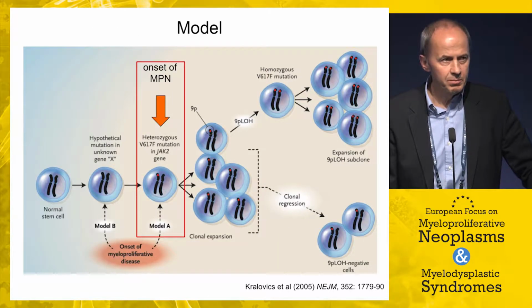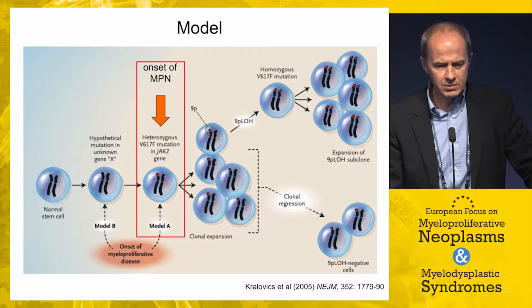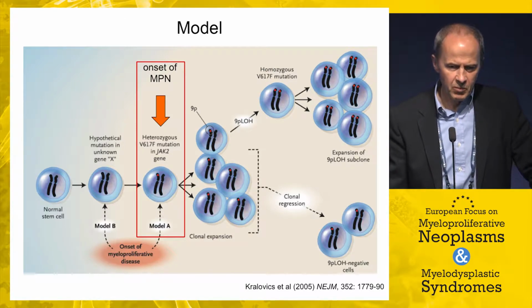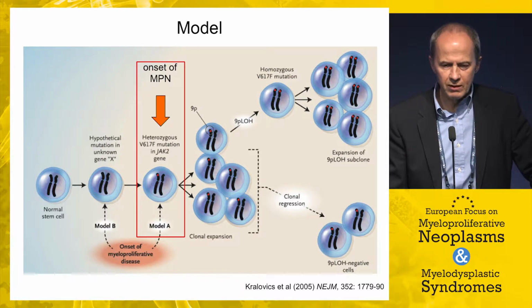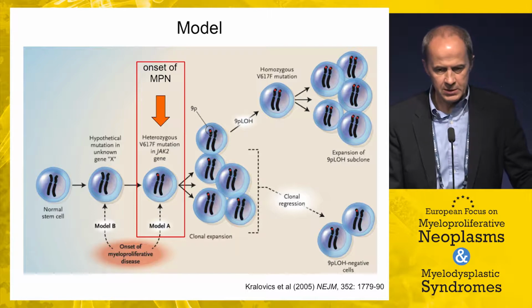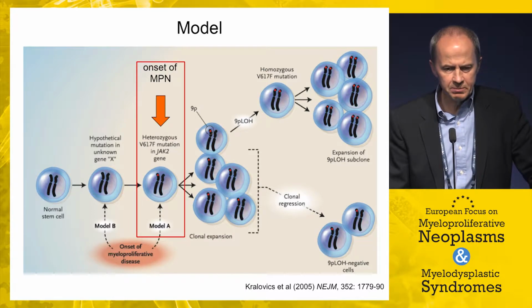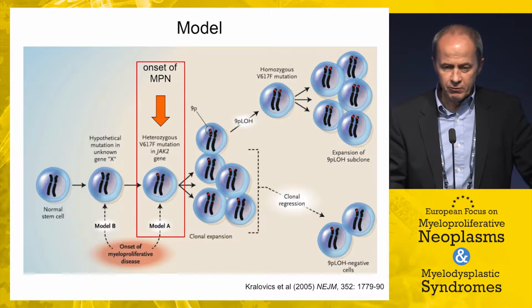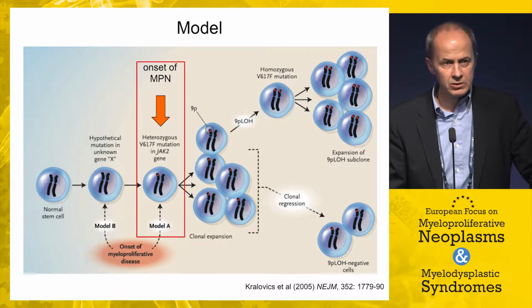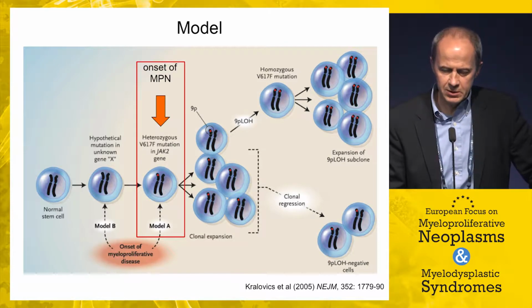So, myeloproliferative neoplasms are relatively simple diseases when it comes to the actual driver mutations. As you know, the onset of MPN usually coincides with the acquisition of one of today's 3 different driver mutations.